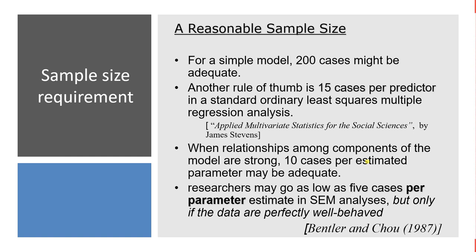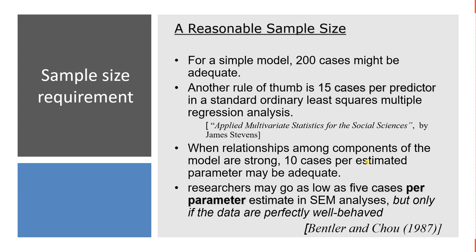So if we are doing path analysis or a structural relationship model, then the sample size requirement will be very similar to the multiple regression analysis requirement. Similarly, another rule of thumb is that when relationships among the components of the model are strong, then we can go for as low as 10 cases per estimated parameter, and that may be sufficient or adequate for testing the model.